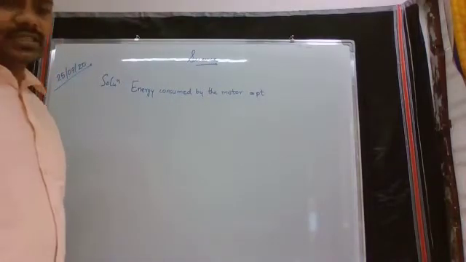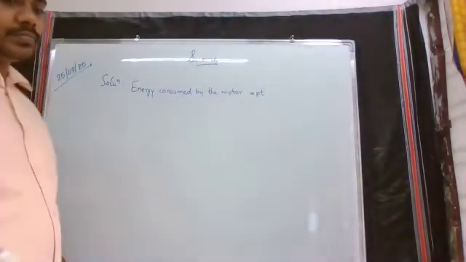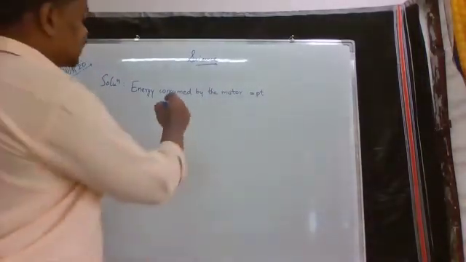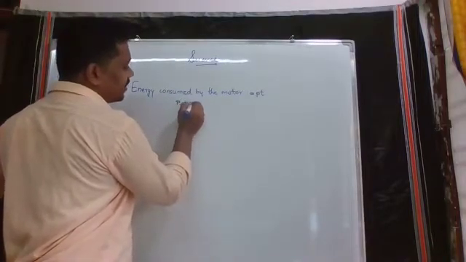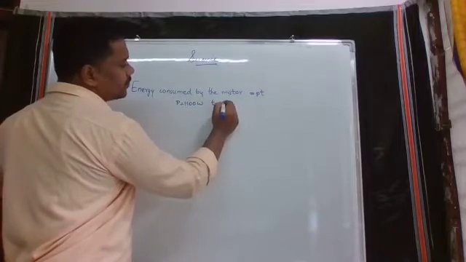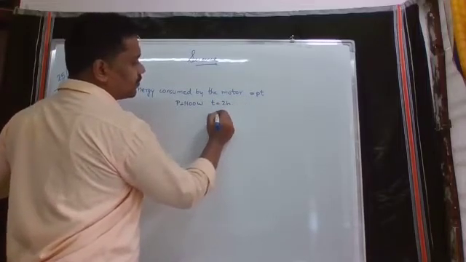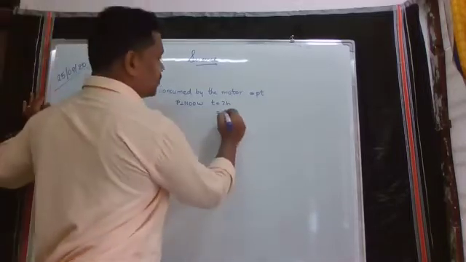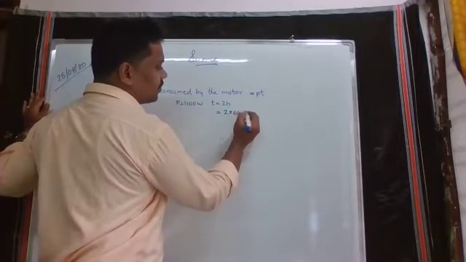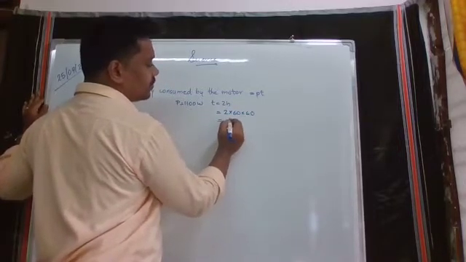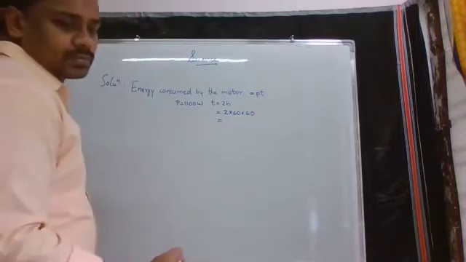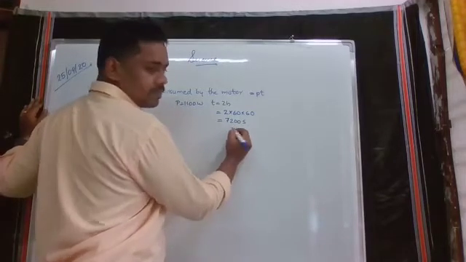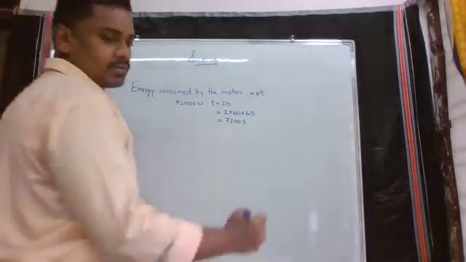We know what P is and what T is. P we got, P is equal to 1100 watt and T is equal to 2 hours, which is 2 into 60 into 60, equal to 7200 second.